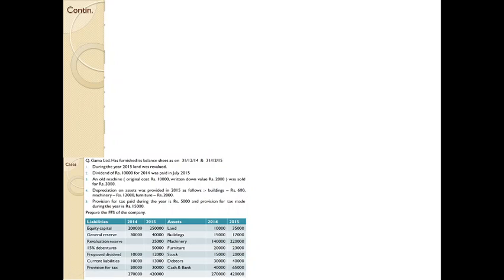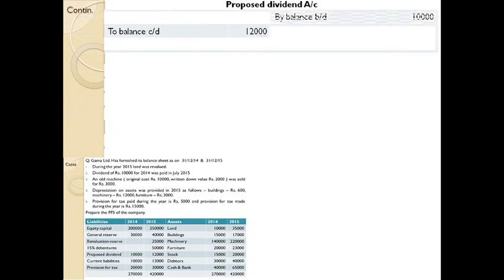As I have said earlier, even if there is no information, you have to prepare a proposed dividend account. Since the information is already given in the question, let us prepare a proposed dividend account. And we all know, first of all, you need to note down the opening balance as well as the closing balance. The opening balance is 10,000 and the closing balance is 12,000.